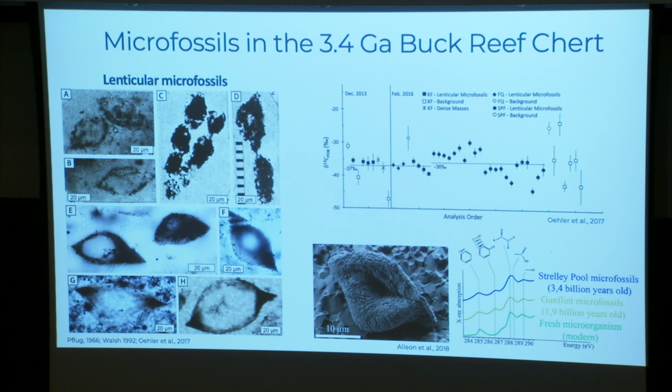And with X-ray absorption spectroscopy, you can also see that there are potentially some peaks indicating various molecular groups that are still preserved in these microfossils, quite similar to microfossils of younger chert units, for example the Gunflint chert, and also modern microfossils. So all in all, this is strong proof that these structures were very likely biogenic in origin.